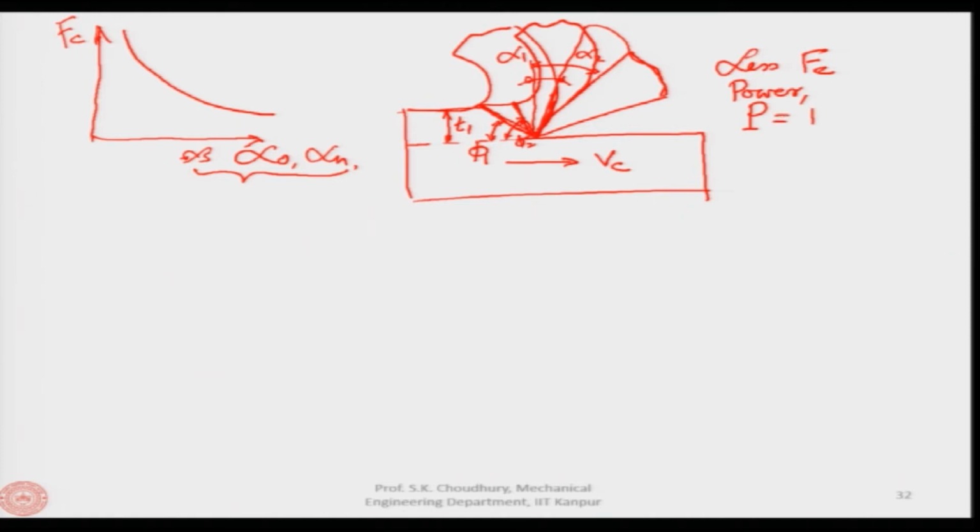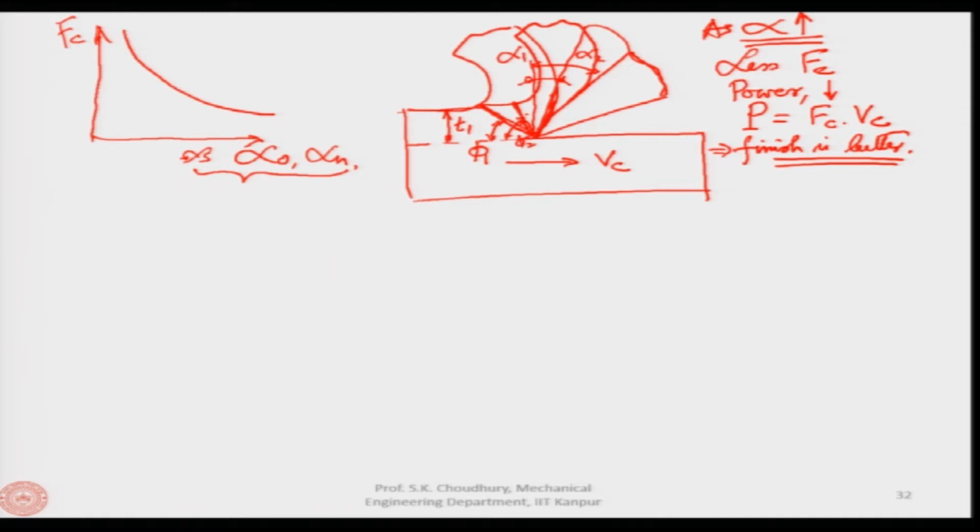The power is given by Fc and Vc. If Fc is less, the power will be less, and the finish will be better. This is what happens when alpha increases: force will be less, power will be less, and the finish will be better.